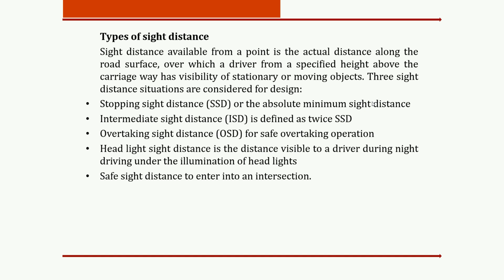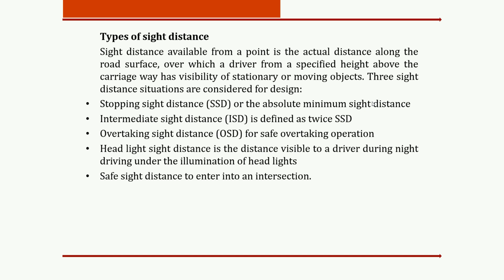Second is the intermediate sight distance, ISD, defined as twice the SSD. Then overtaking sight distance, OSD, also called the safe overtaking operation. The headlight sight distance is the distance visible to a driver during night driving under the illumination of the headlight, and safe sight distance to enter into the intersection.